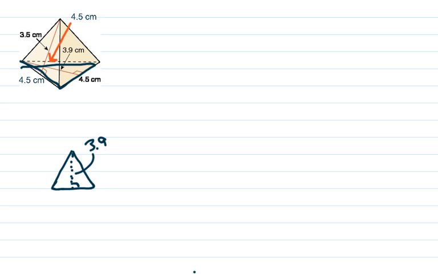Then around it, we've got some other triangles that happen to all be the same, because of the equilateral triangle that they're connected to.